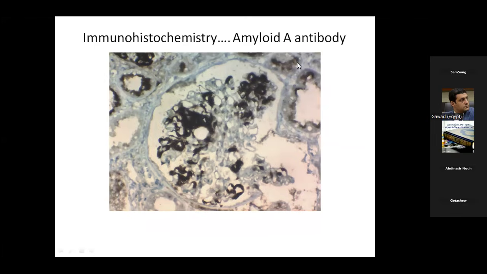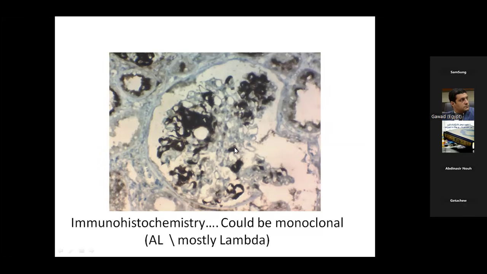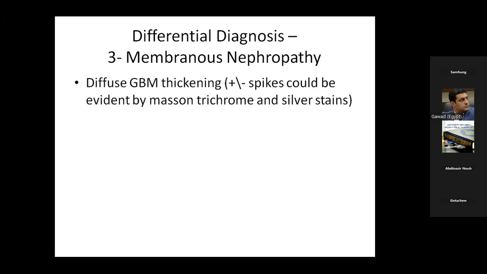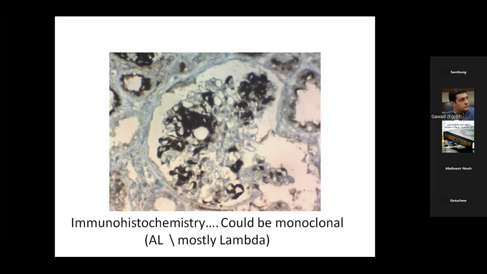So in this case, the antibody for amyloid A was positive, or it could be monoclonal. Amyloidosis could be monoclonal for kappa or lambda light chain, and in this case, this will be AL amyloid, which is mostly lambda positive. So that's the role of immunohistochemistry or immunofluorescence in amyloidosis. Why didn't I mention electron microscopy in the cases of amyloidosis?